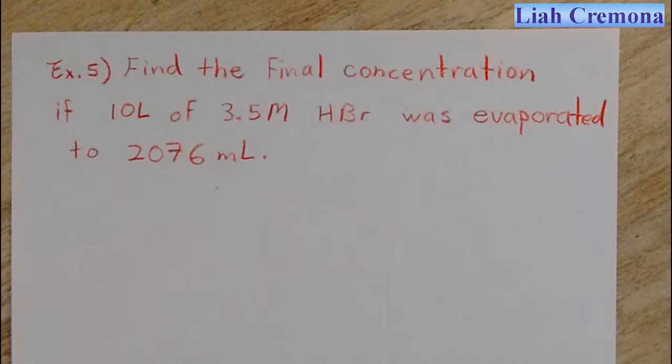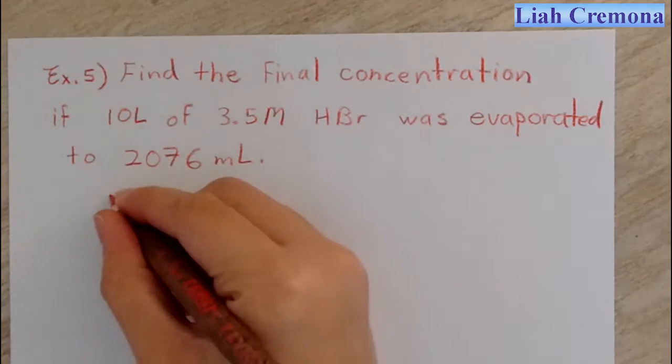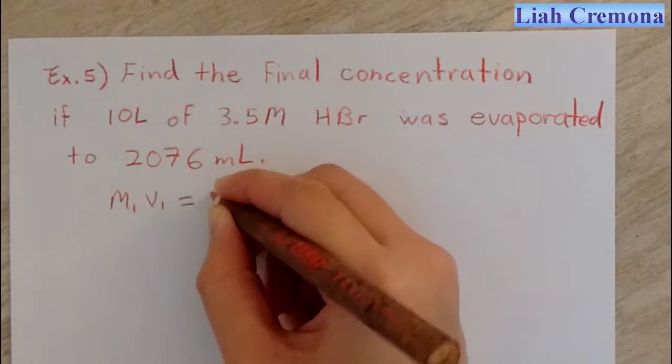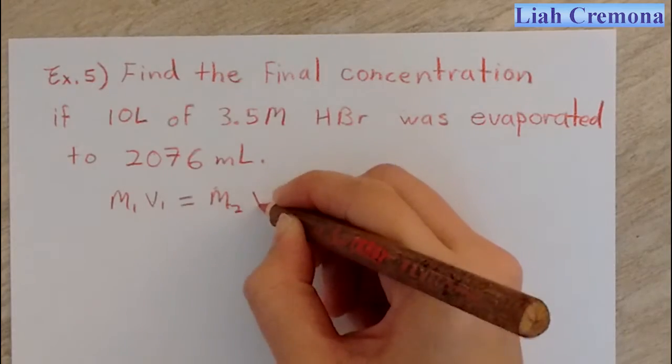Example number 5. Find the final concentration if 10 liters of 3.5 M HBr was evaporated to 2076 milliliters. Once again, we use the equation M1V1 is equal to M2V2.